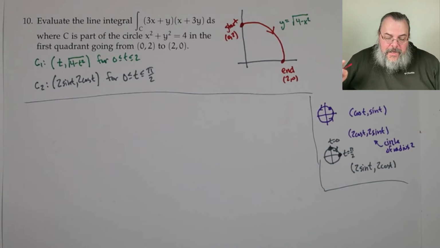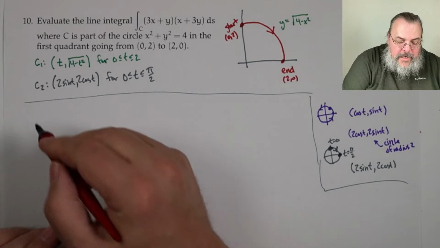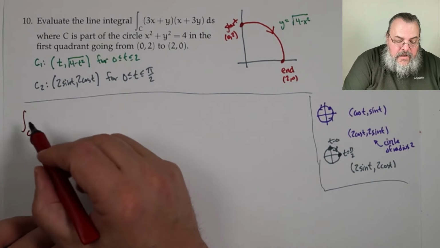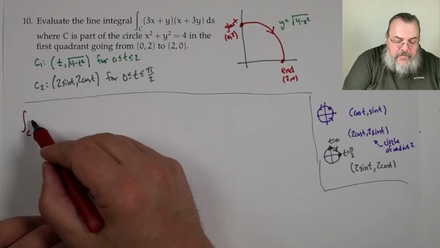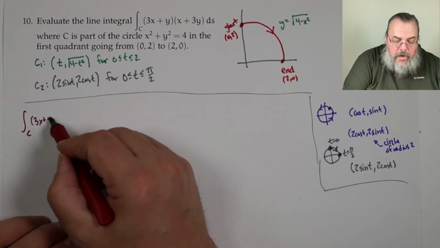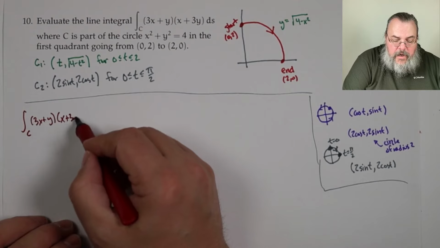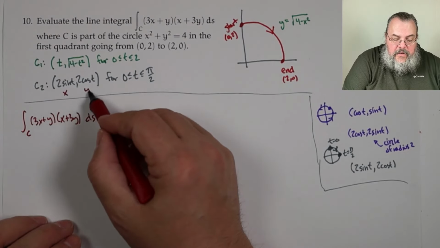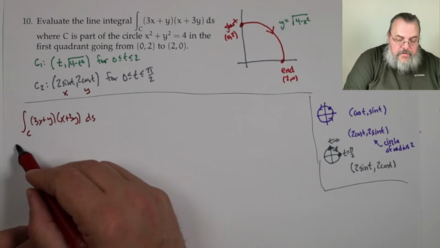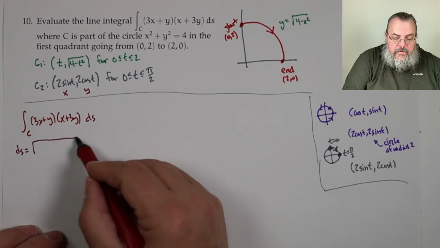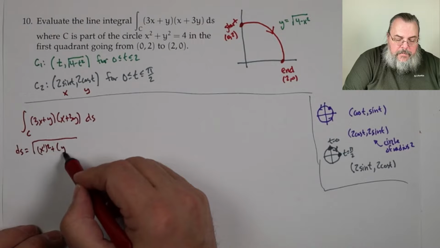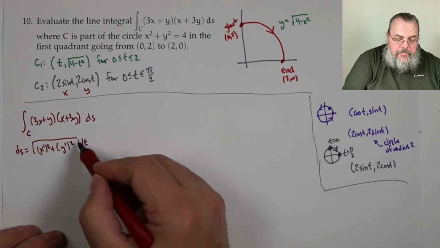So, here we go. We're going to replace everything in terms of our parameterization. We have our integral along C of 3x plus y, x plus 3y ds. We'll do a quick computation here: ds is the square root of x prime squared plus y prime squared dt.